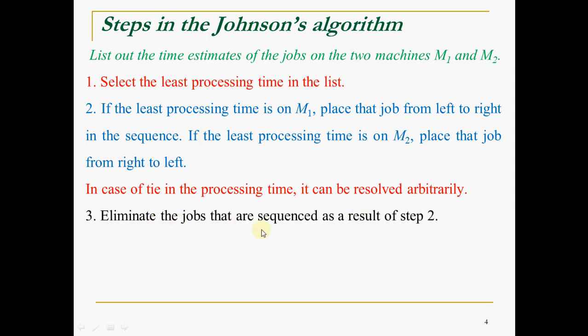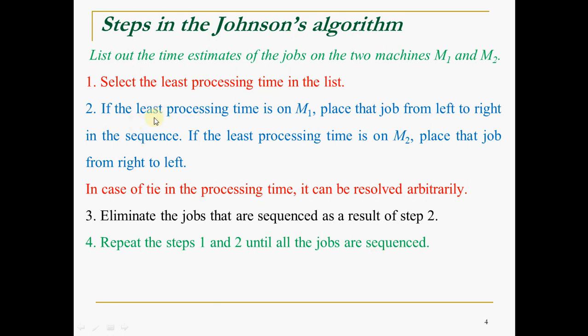Eliminate the jobs that are sequenced as a result of step 2. The job which is sequenced is deleted from the table. Then we repeat steps 1 and 2 until all the jobs are sequenced. In other words, it is an iterative procedure till all the jobs are sequenced.